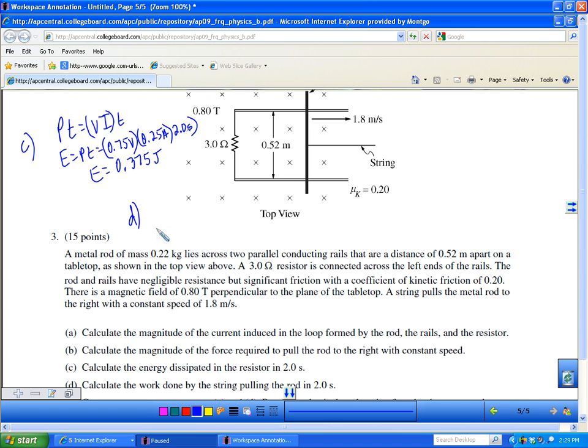And D said find out the work done by the applied force. So force applied times the velocity. So that's power right there, times time would be equal to the work done.